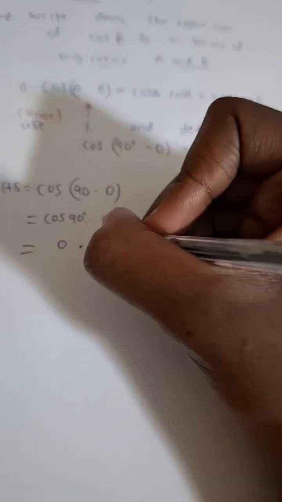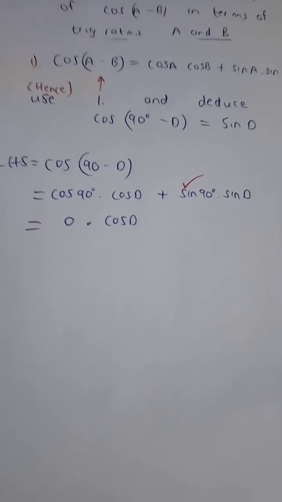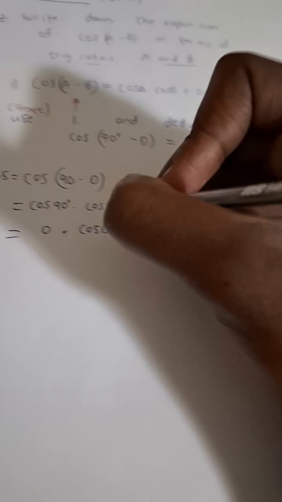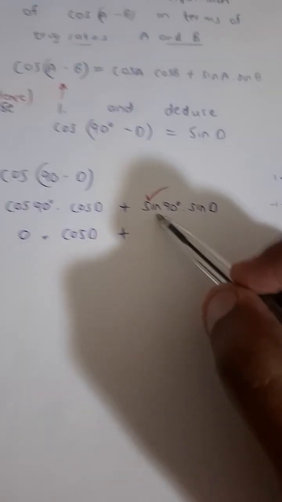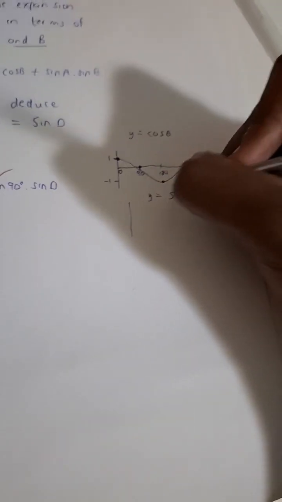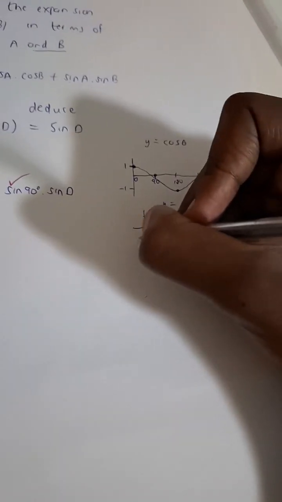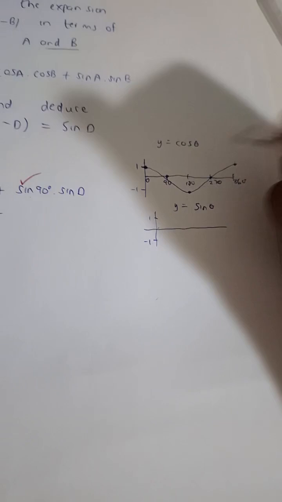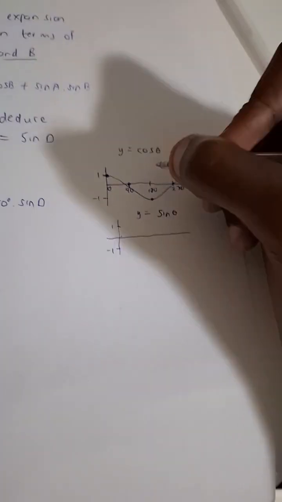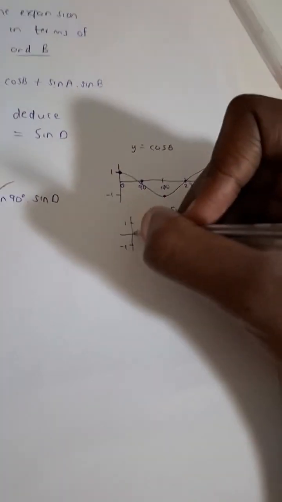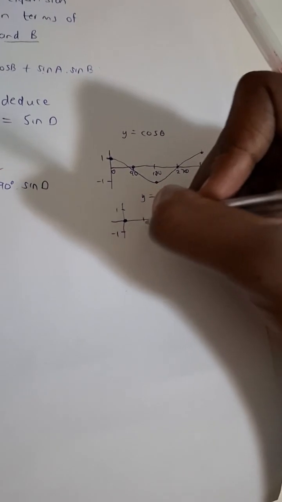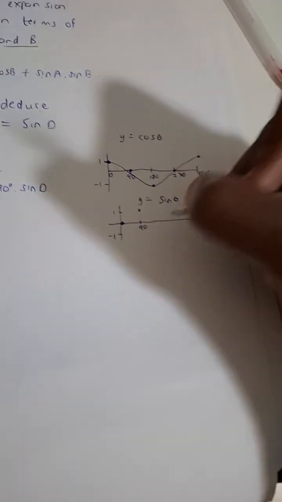Now 0 times what? Cos d. Does that make sense? Plus sine of 90. Okay, so once again, there's a mother sine graph. I'm just putting this in here, guys, just for enrichment, because when you know these things off by heart, it makes life so easy. You have the sine mother graph. Sine 0 is 0. Sine 90 is 1.